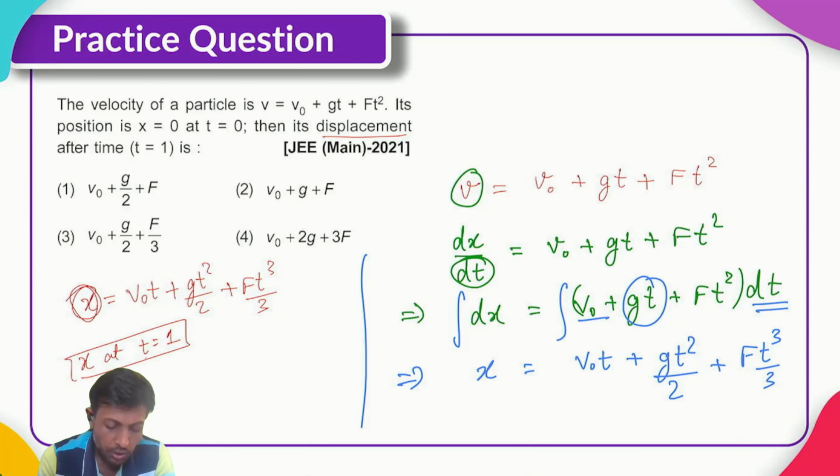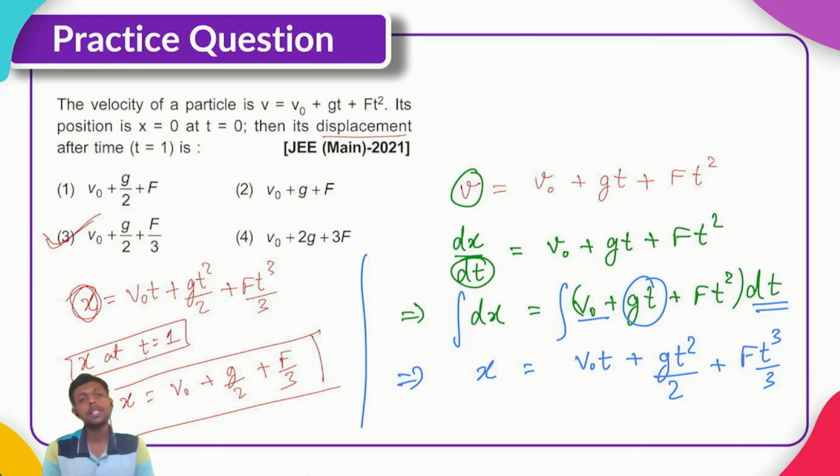So just substitute t equal to 1 and get the answer. That will be the final answer. x is equal to v naught plus g by 2 plus f by 3. This is option number 3. V naught plus g by 2 plus f by 3. All right, let's move on to the next question now.